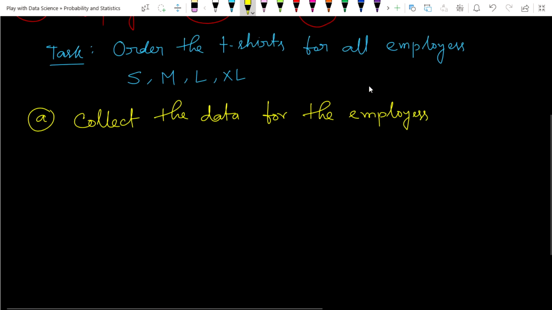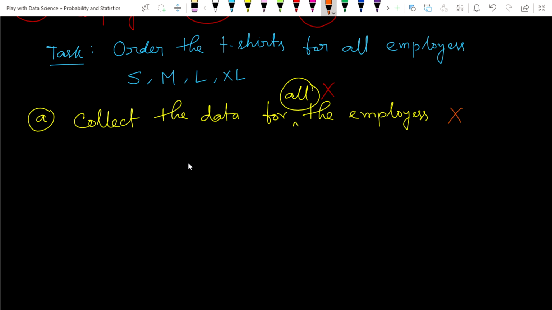But collecting all the data is a time-taking matter and not possible, because it needs a very large amount of resources, which I do not have. So collecting data for all employees is not a good job.